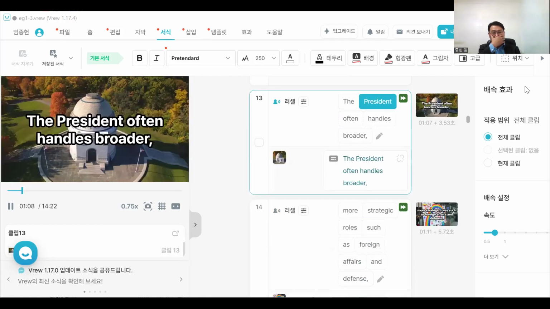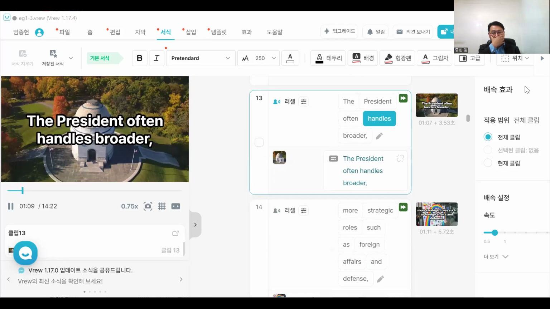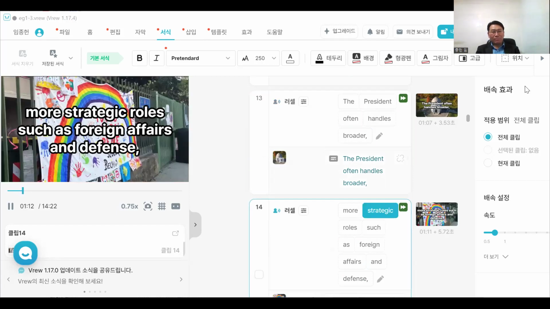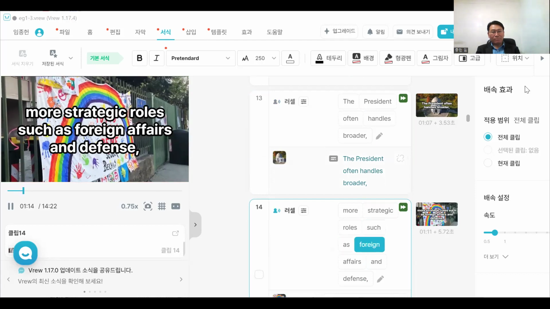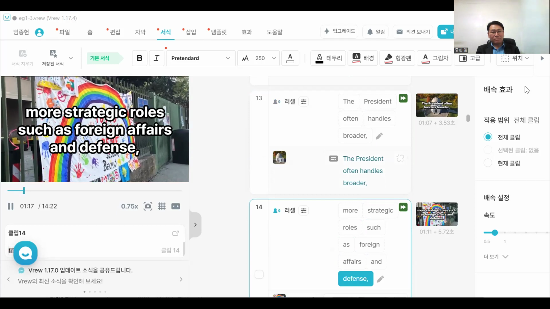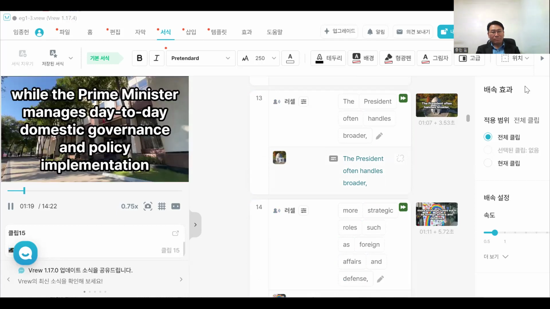The president often handles broader, more strategic roles such as foreign affairs and defense, while the Prime Minister manages day-to-day domestic governance and policy implementation.